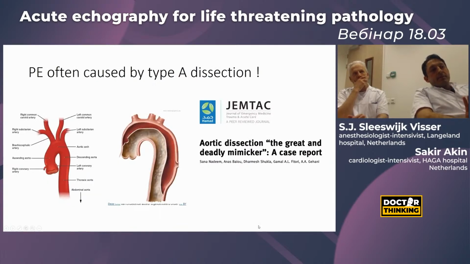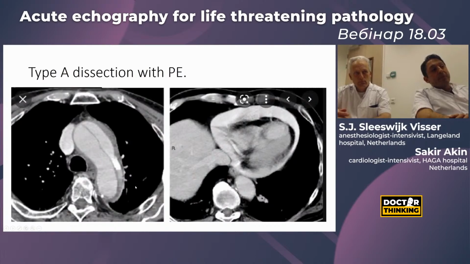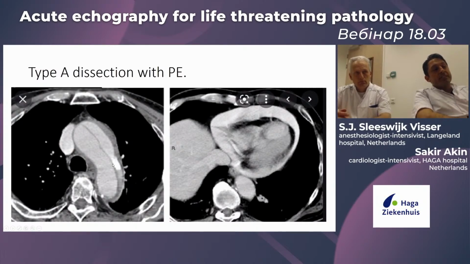But the most life-threatening pathology that we have in the acute setting in patients presenting with aortic pathology is the type A dissection, and we have to be aware that there can be a big dissection flap in the aortic arch, but also in the ascending aorta, just in the aortic root above the aortic valve, which is also presenting with pericardial effusion.